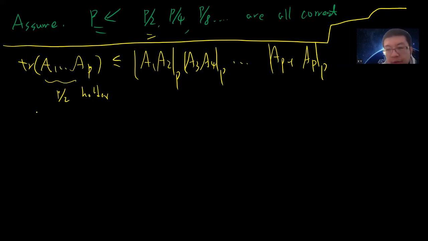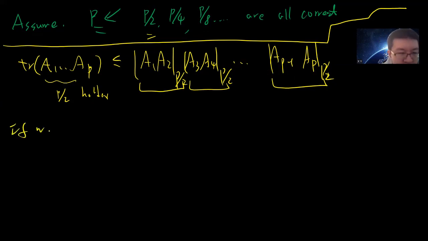So this is true, and so we want to bound every term. Sorry, this is p divided by 2. So we want to use the p divided by 2 Holder, so we need to combine these terms.